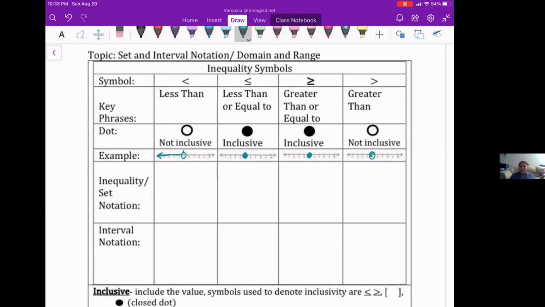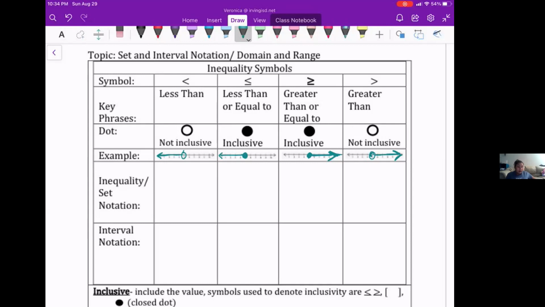For the next one, again, it's less than or equal to, so we saw the closed dot and it's going to go to the left. On the third one, it's greater than or equal to, so it's a closed dot and I'm going to highlight to the right. And on the last one, I'm going to go to the right because it's greater than. So those are the examples we're going to use for each one of these.